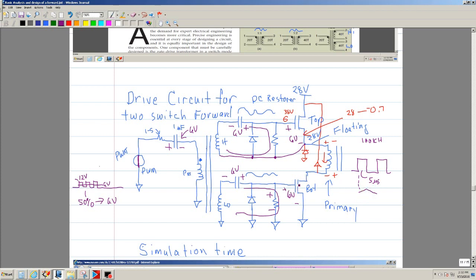But if the capacitors stay on and discharge very slowly, that means that this 6 volts is going to remain there, and it's going to exceed the 5 microseconds, and if they continue, the current will go up and you get a spike, and that's because you're saturating the primary or the core.